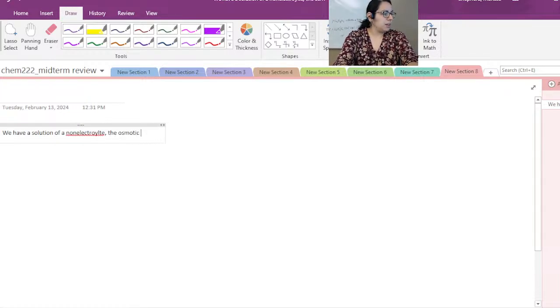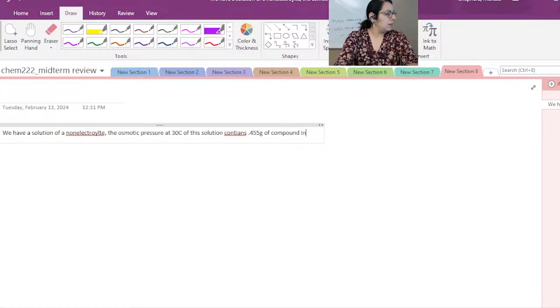The osmotic pressure at 30 degrees Celsius of this solution, which contains 0.455 grams of compound in 1.00 times 10 to the 2 milliliters of solution, is 65.5 millimeters of mercury. So what is the molar mass?